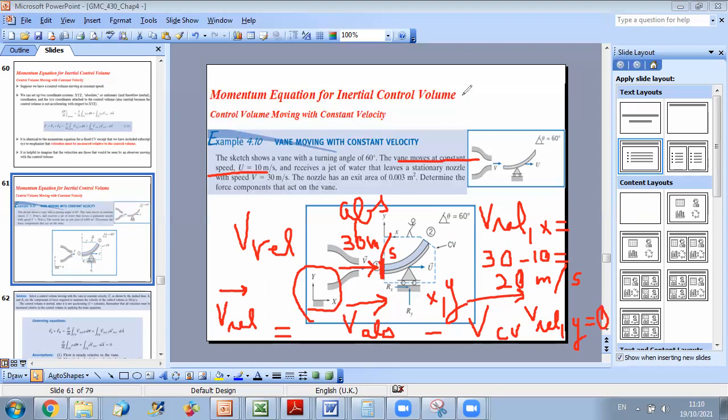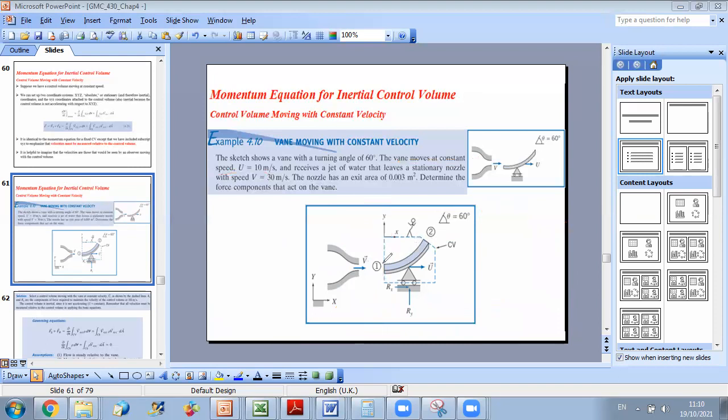Now for the outlet, what is happening على outlet? As you can see here, the vane is turning the jet 60 degrees. So على outlet, this is your velocity. It's doing an angle of 60 degrees with the horizontal. Now, what should we do here?